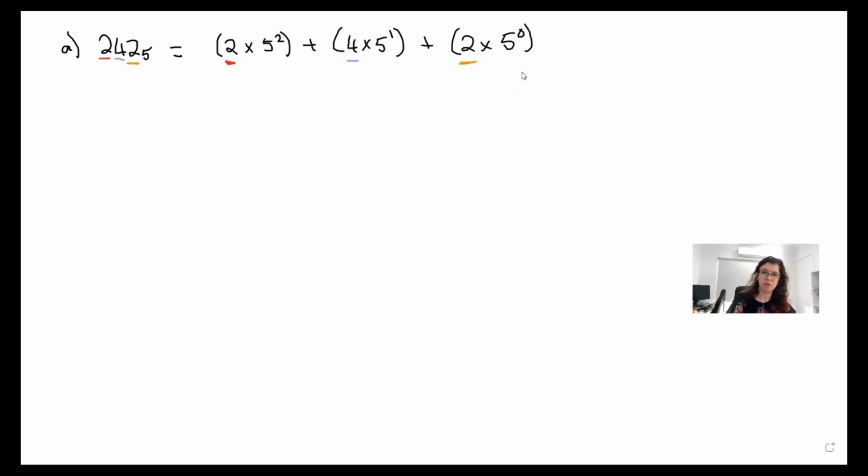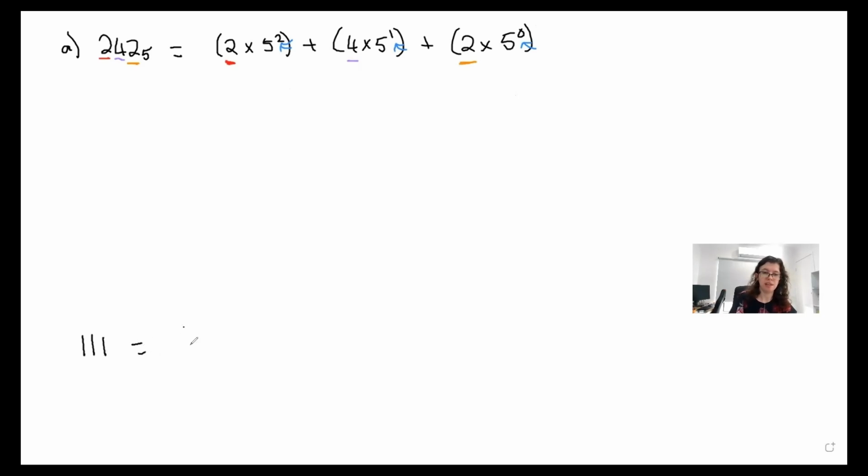And then the powers go up from right to left. So this is the 1's place, so that's 5 to the 0. You start from 0, then 1, then 2. And when you think about binary, it's actually working the same way. This is a little bit of a detour, but let's say we had the binary number 111.